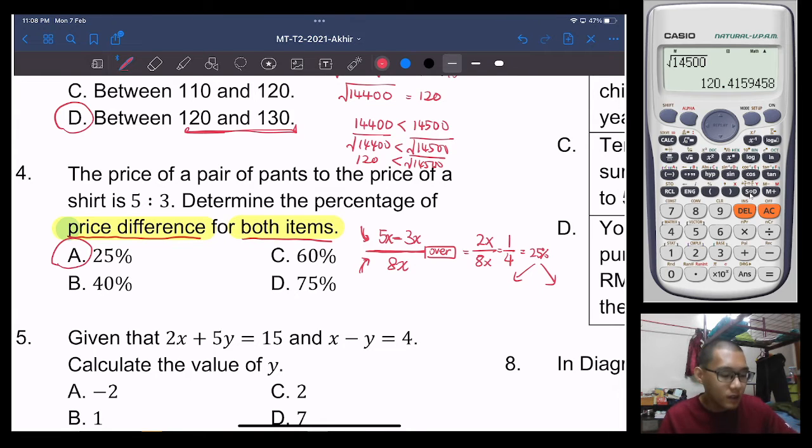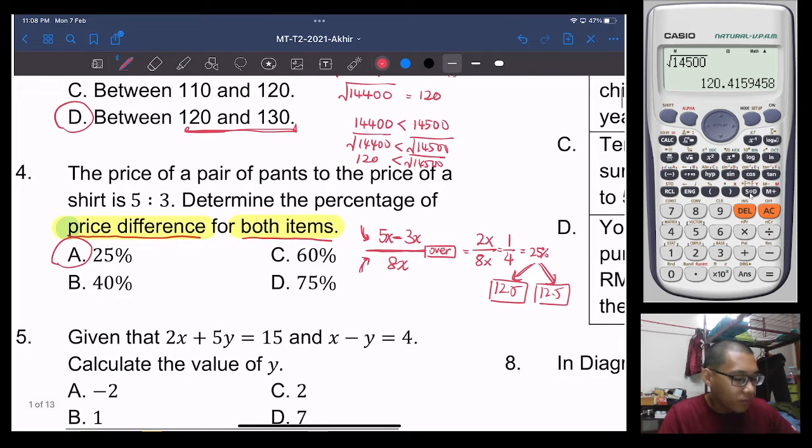So we distribute 12.5 and 12.5 for them, so it becomes 4 to 4, because one part is 12.5%. So we distribute this difference to both items so that we have equal prices to balance them. This is how we use the price difference for both items to equalize them.